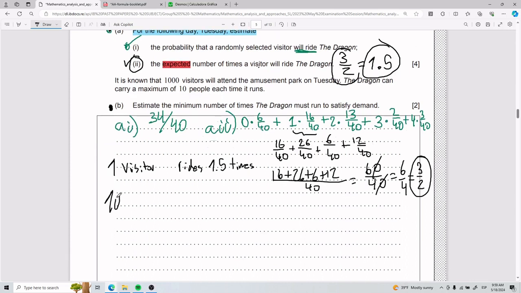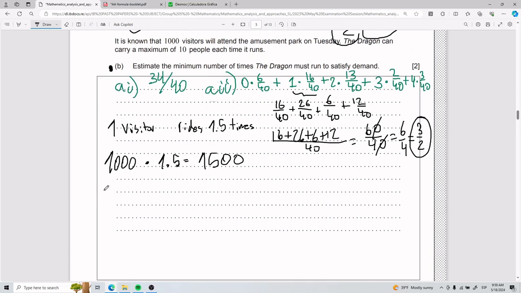So for 1,000 visitors, you need to multiply this by 1.5 to find the number of times that the dragon is ridden. And so 1,000 times 1.5, well, quick maths, you end up with 1,500. There's a chance that you kept it as fractions and didn't realize the decimal, so you can leave it as times 3 over 2.